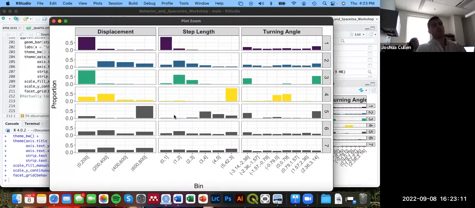But if you were to say, okay, maybe there's a fifth state here. Displacement is up at the topmost bin. Step lengths are higher, but not quite as high as this fourth state. And these turning angles are at pi and negative pi. But in general, that doesn't quite make sense to me.